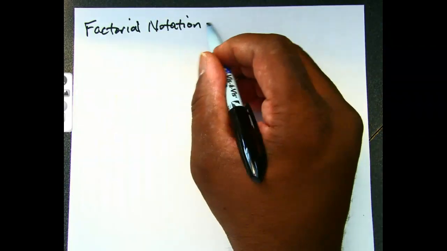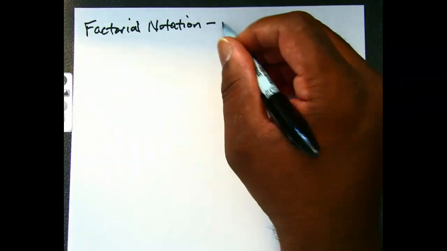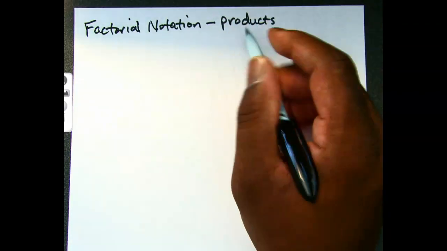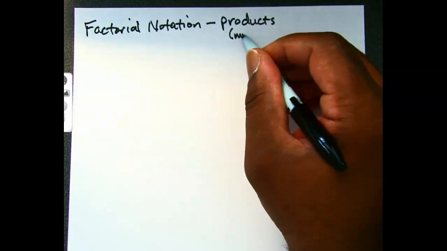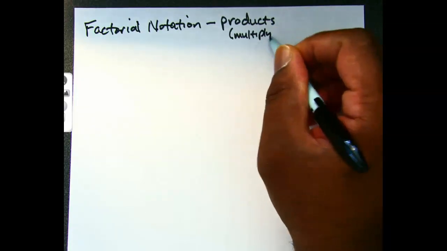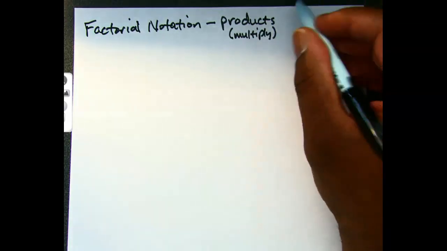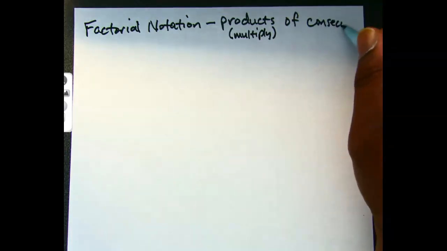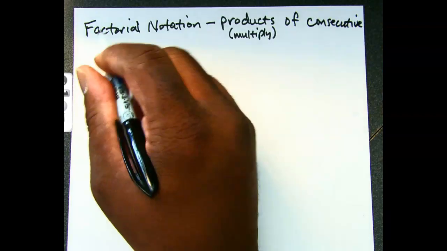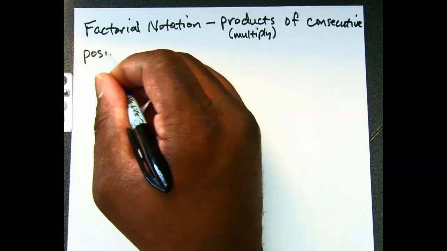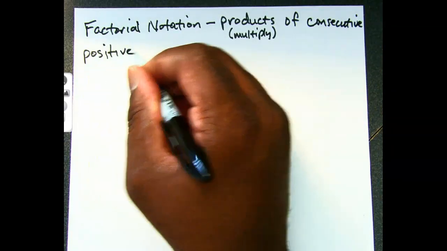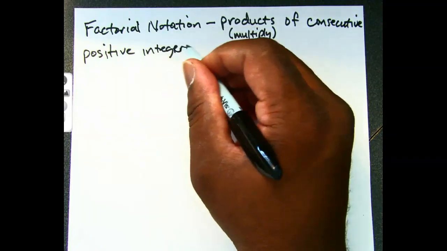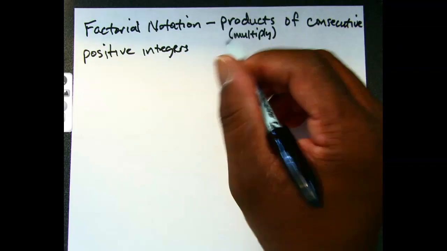Factorial notation is the product, and remember when we say products, we're talking about multiply, of consecutive positive integers that often occur in sequences.